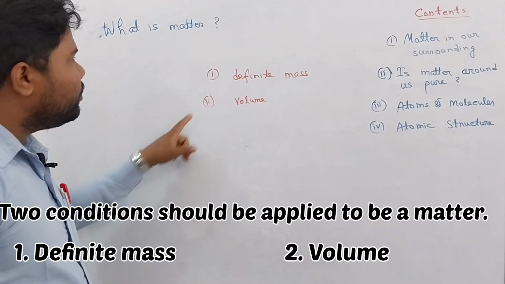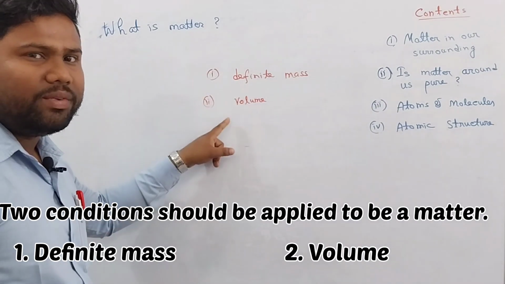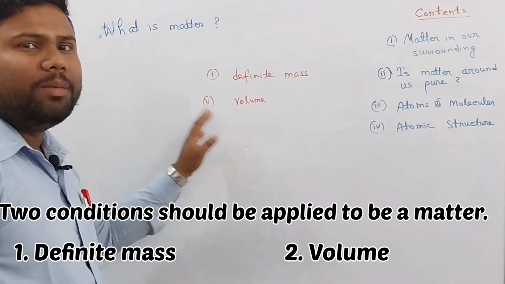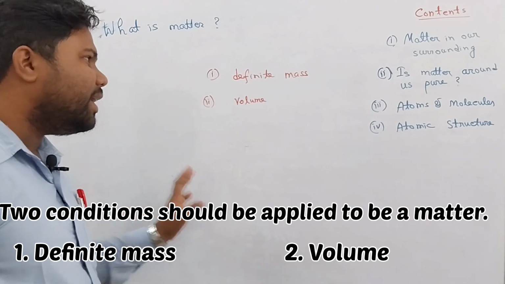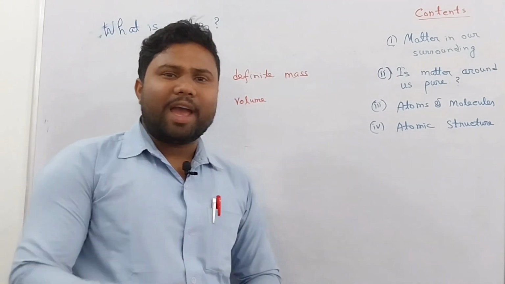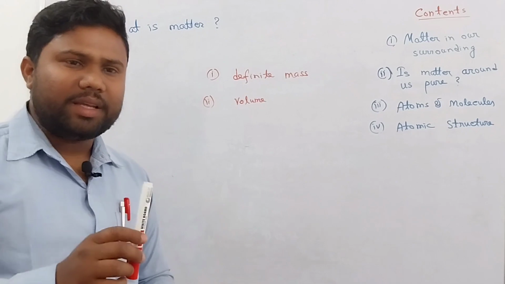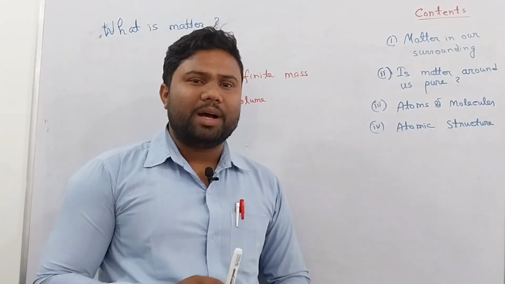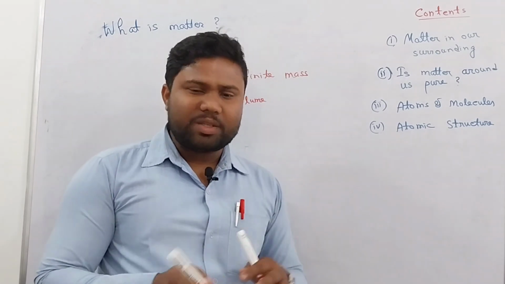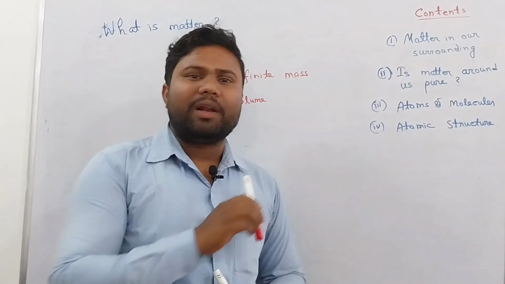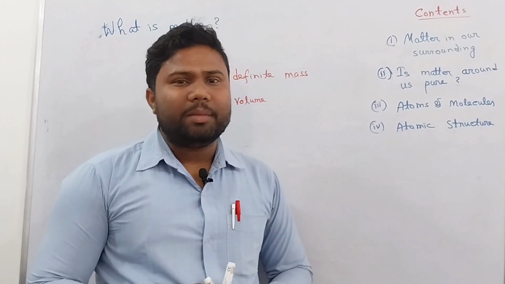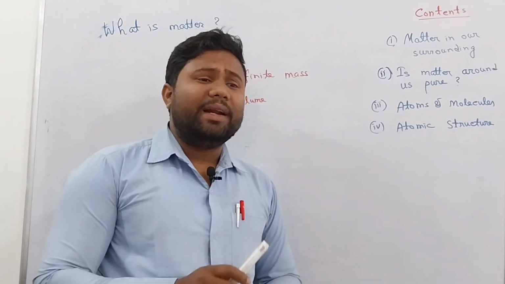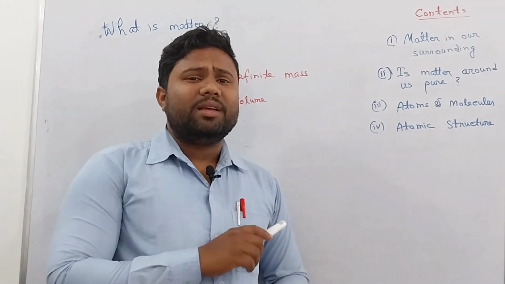If these 2 factors are fulfilled, then it is matter. Now let's examine. I have a marker. Is it matter? Yes, it is matter. Why? Because it has a definite mass and it occupies some space in this room. That is why this marker is a kind of matter.